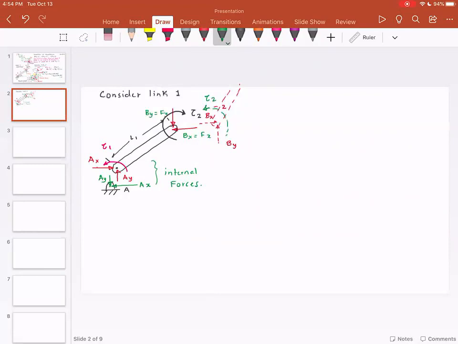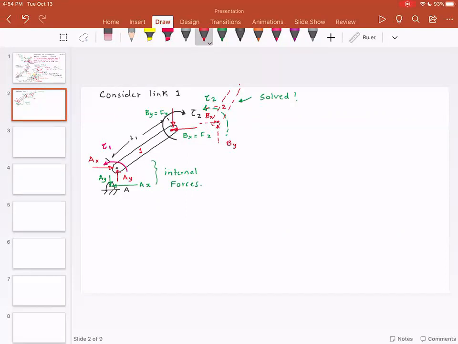And link 2, this link we already solved. There is reaction force acting on joint B, and this is the force on link 2, and you have the force on link 1. But please note, as joint B gets combined, which means link 1 and link 2 get connected at joint B, the Bs cancel each other, the torques, they cancel each other.